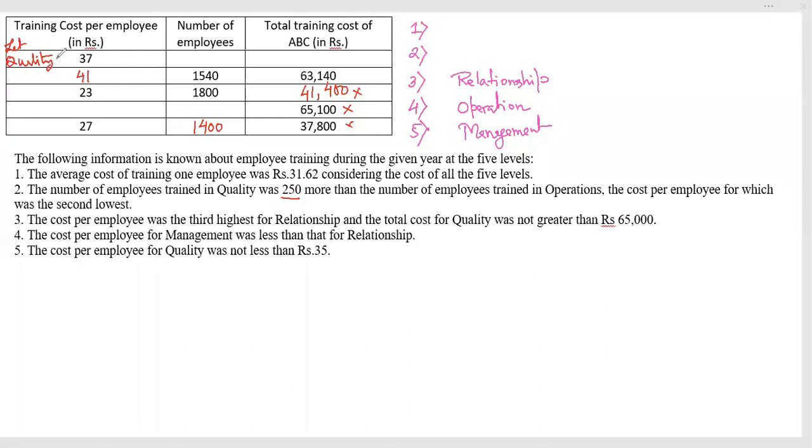Now, if I have taken quality as 37, then we know the total cost of quality is not more than 65,000. Then I can consider the maximum number of employees in quality.